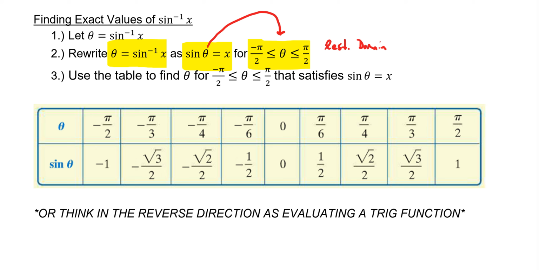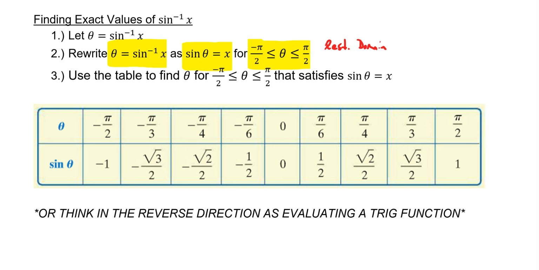So we let our original question be some angle, rewrite it in terms of sine because it's easier to think of it that way rather than the inverse, and ask ourselves: sine of what angle will give us this value, such that this angle is between negative pi over 2 and pi over 2?